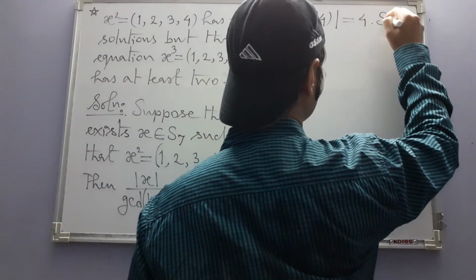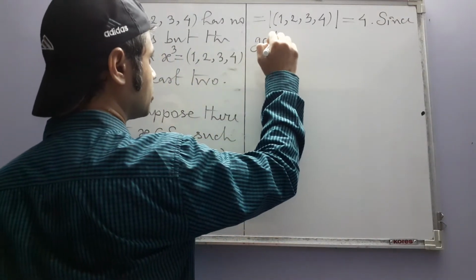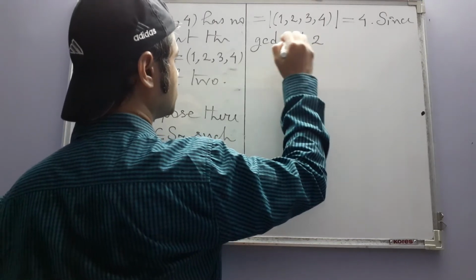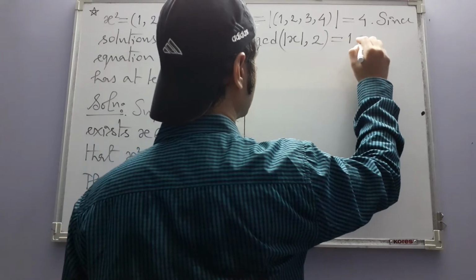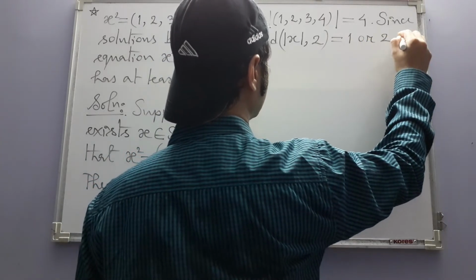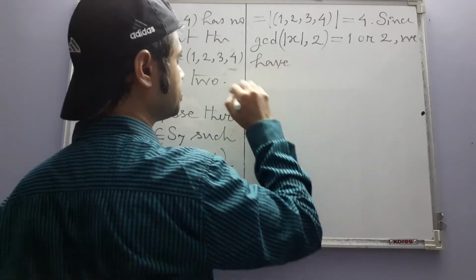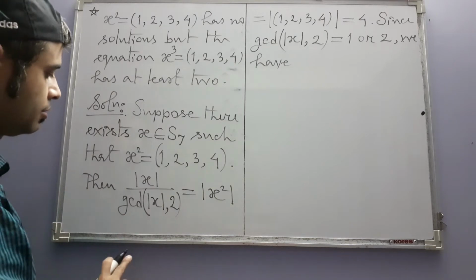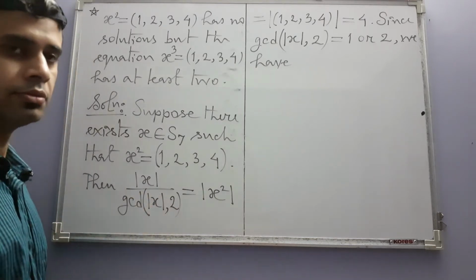Now since the greatest common divisor of this is 1 or 2, we have... okay, the first question is, why is this 1 or 2?